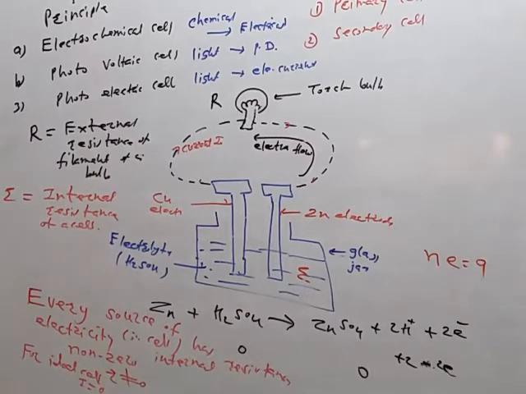If n electrons are circulating, then n into e is equal to Q. This is the total charge circulating through the circuit. So to circulate this charge Q, some energy is required, some work must be done, and that work is done by the cell. So for circulation of charge Q through both the resistances, external resistance and internal resistance, some work is required and that work is done by the cell.